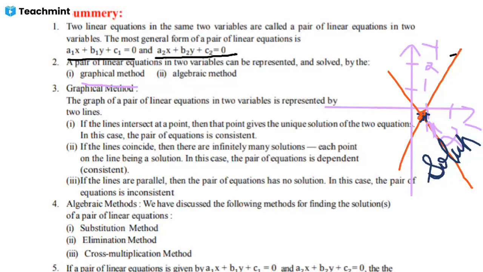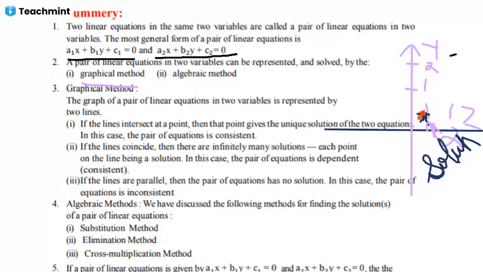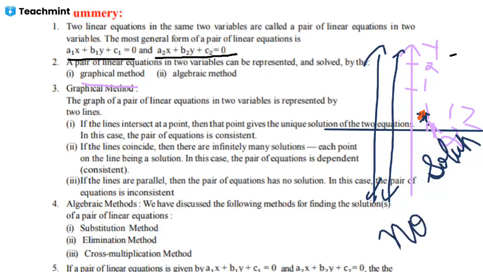Then coming to the next one. If any two lines are parallel to each other, what type of solutions will they have? No solution.